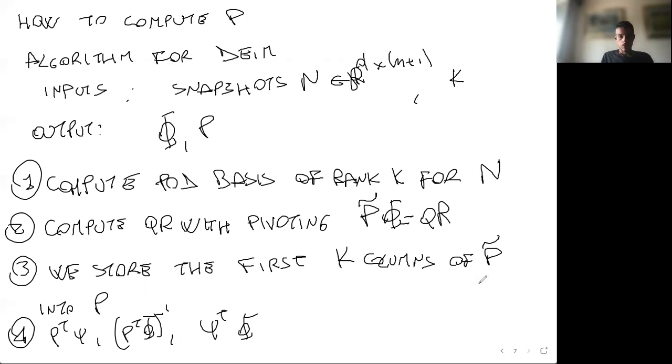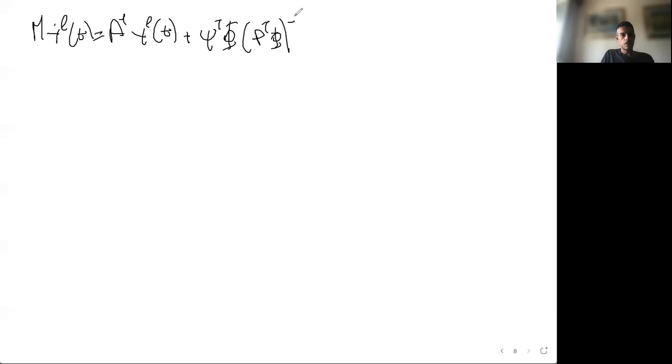What is left to mention is how we approximate the problem. If I get again the POD DEIM approximation, A_l y_l(t) plus Ψᵀ Φ (Pᵀ Φ)⁻¹ f(t, Pᵀ Ψ y_l(t)).